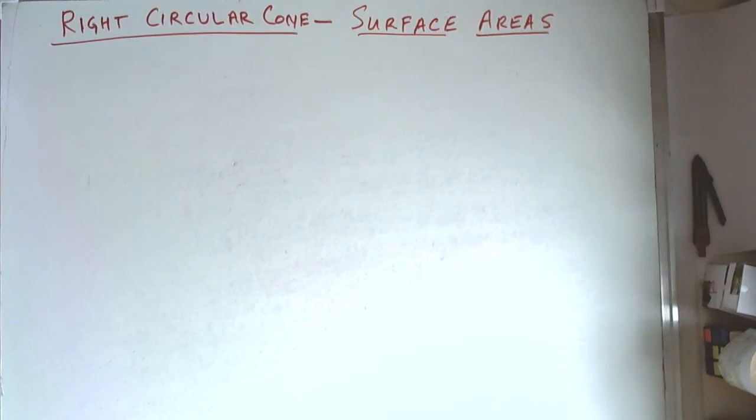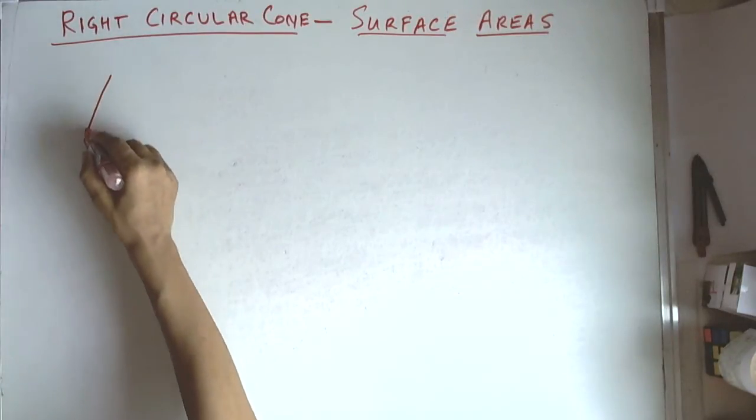In this video, we will learn about the right circular cone, and also we will see how to construct one and compute the surface area of a right circular cone. First of all, let us understand what we mean by a right circular cone.